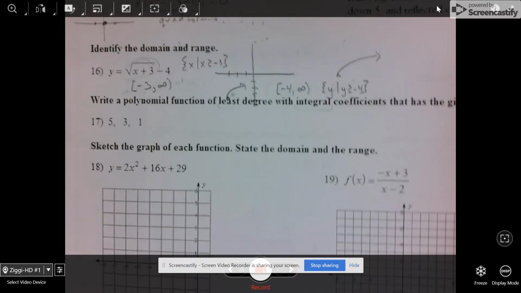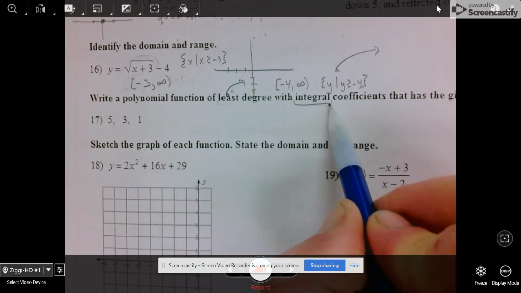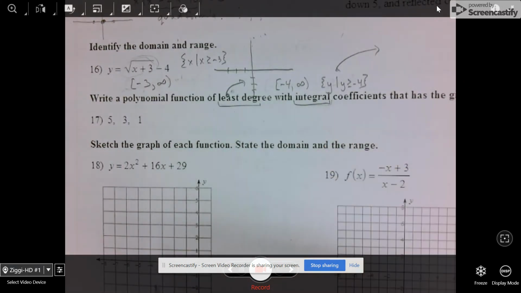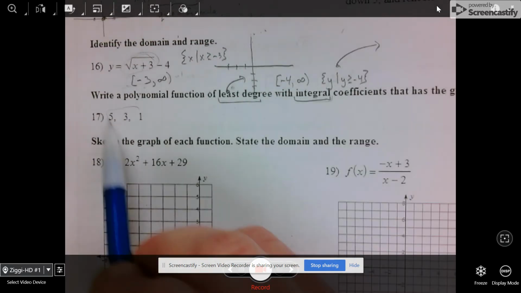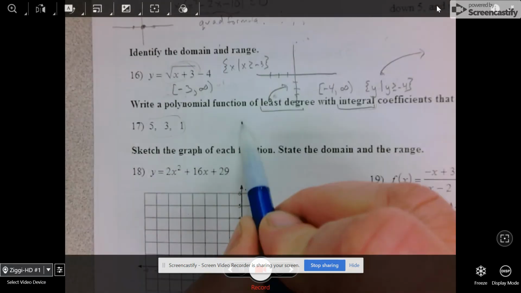Write a polynomial function of least degree with integral coefficients, least degree. And it says these are given zeros. So in other words, I know what the factors are. So I know my zeros are 5, 3, and 1.